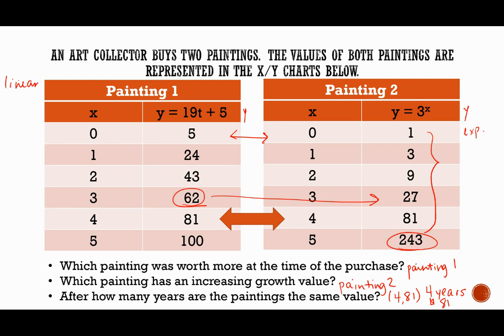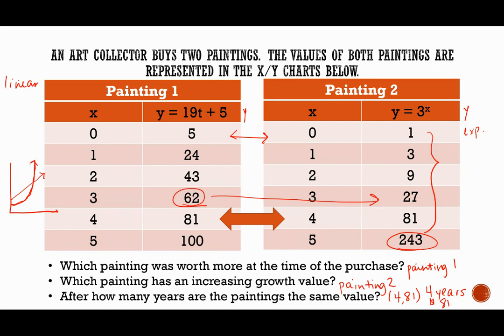So what would happen on your graph, if we're looking at the first quadrant, the linear function starts out higher, the exponential function starts out lower, but then at some point it surpasses that linear function.